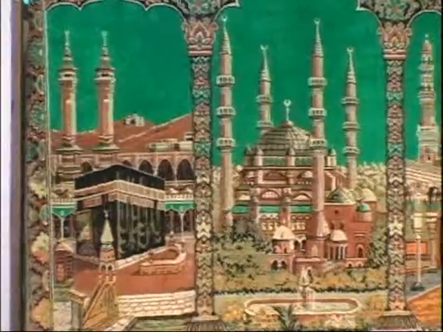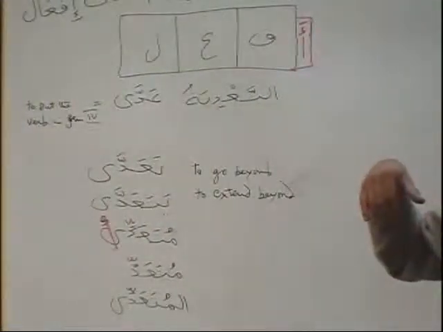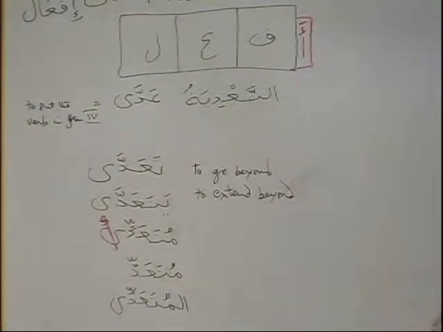This you will always remember. This Hamza, brother and sister, has a name. Which Hamza am I talking about? Hamzatul Qat', which we bring in form 4. It has a name.